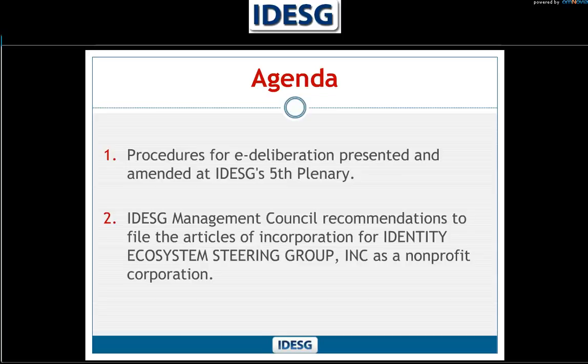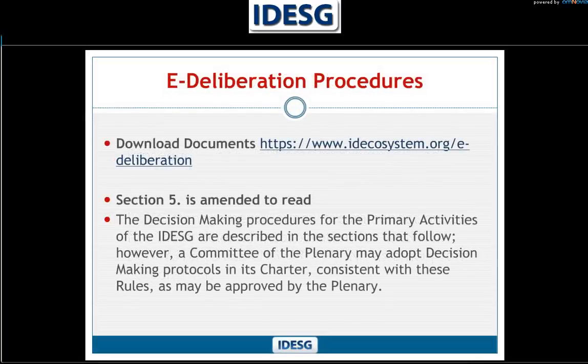And Kay, if I could have the next slide, please. So you'll recall that one of the last outstanding work items for the Special Committee on Governance was to propose a set of procedures for e-deliberation. Those procedures have now been socialized with the membership a couple of times.